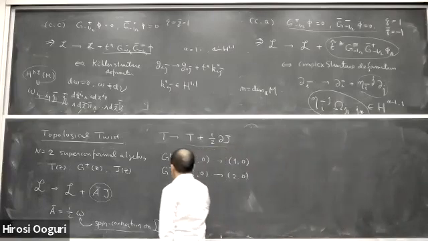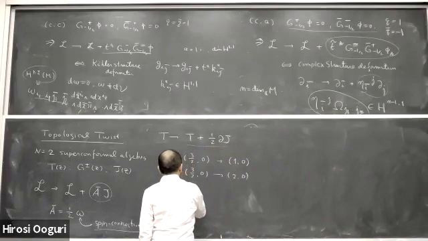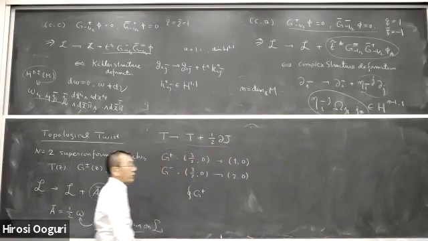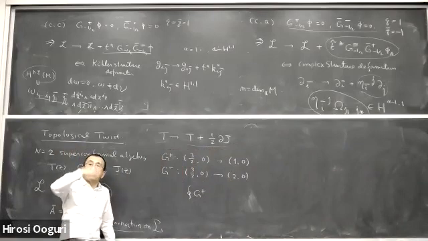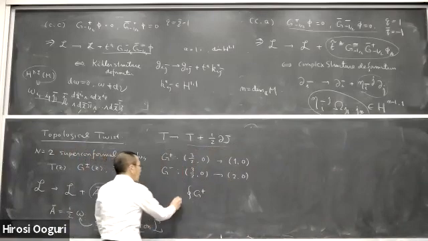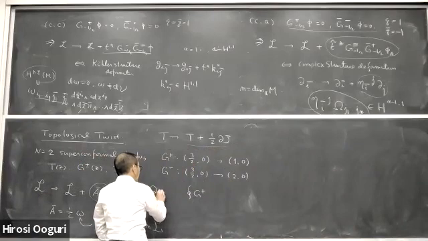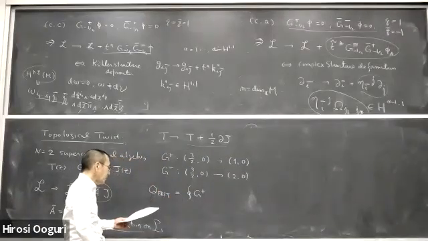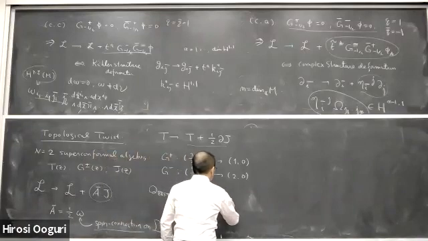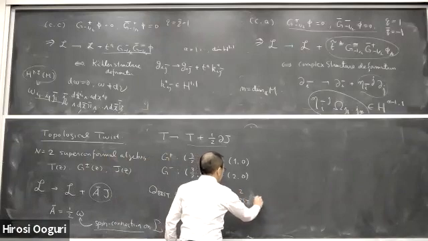More specifically, since G plus is now a dimension 1 operator, we can integrate this over any one-dimensional cycle over the worldsheet. And then you can define some operator, which I'm going to call the BRST operator. By construction, this BRST operator is nilpotent.